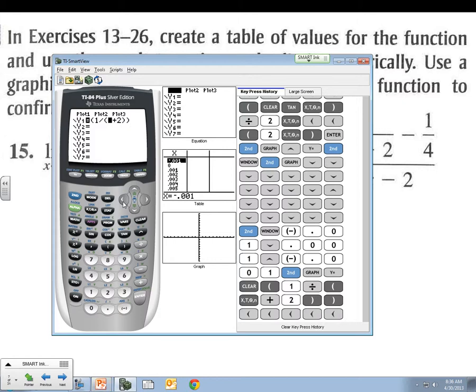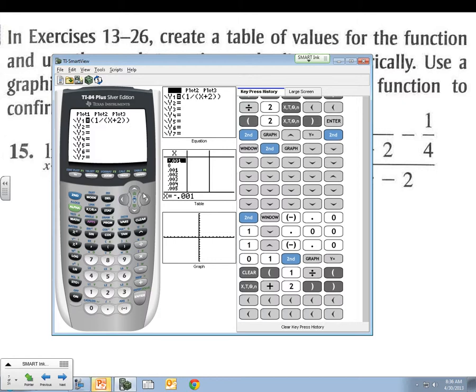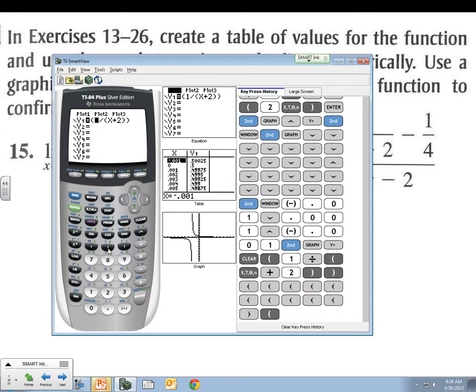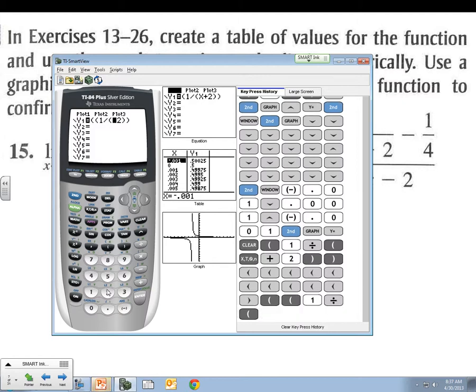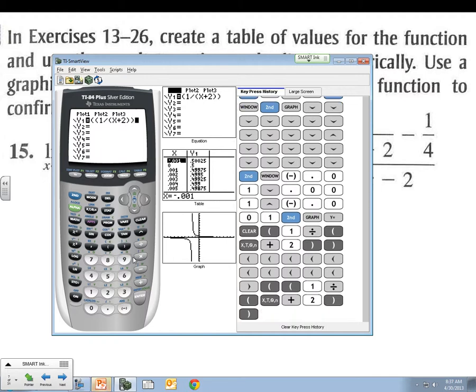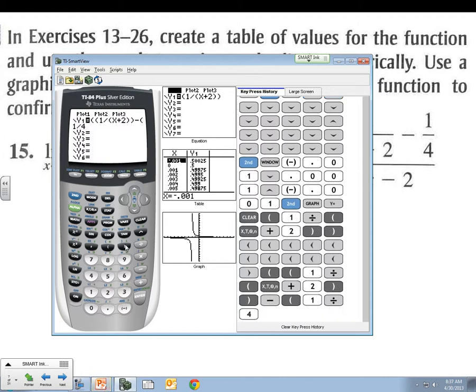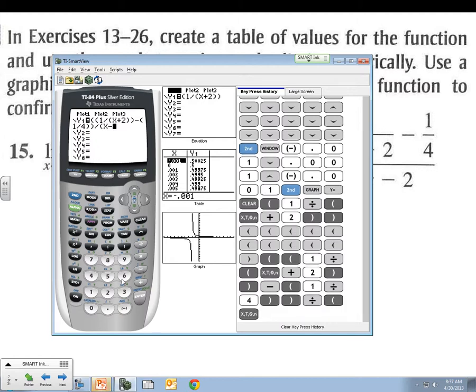I'll need 2 to begin here. 1 divided by x plus 2 minus 1/4, and then that whole thing divided by, and then in parentheses, x minus 2. So we're being really careful with our parentheses all the way through.